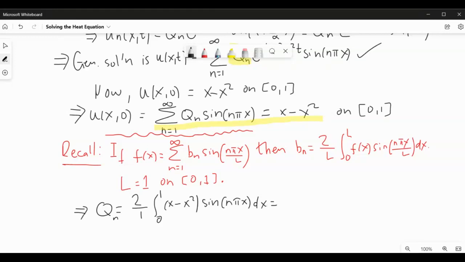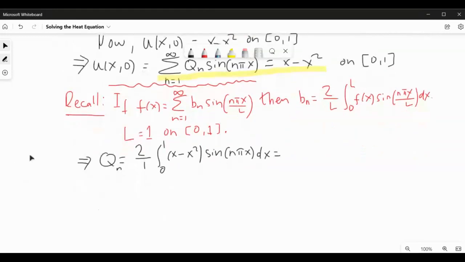Now, I'm not going to go over the actual integration by parts for the evaluation of this integral. I will go right away and give the neat expression for this integral.